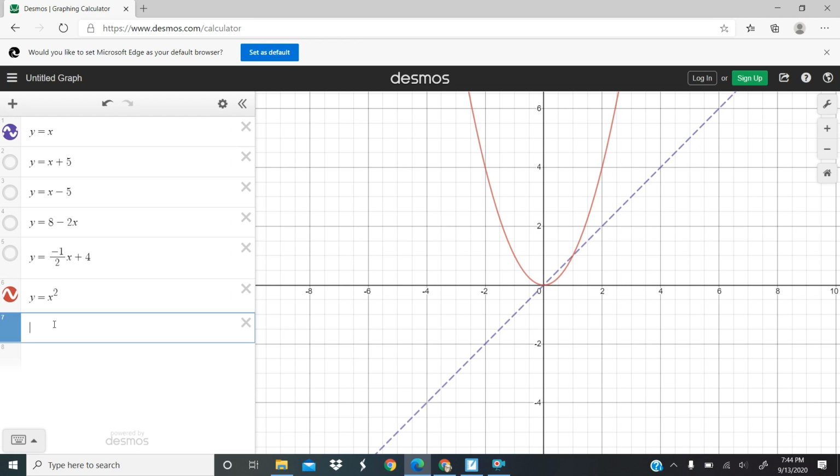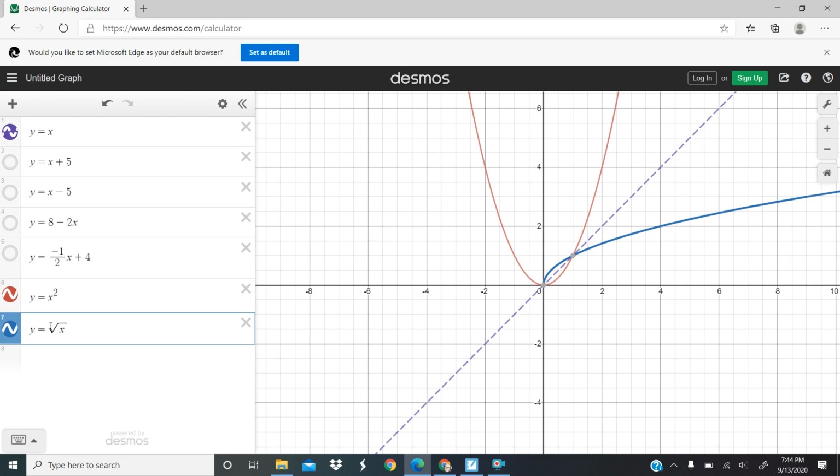So the inverse is going to be y equals the square root of x. Right now, this is not reflected over the line y equals x because this is only half of a parabola.